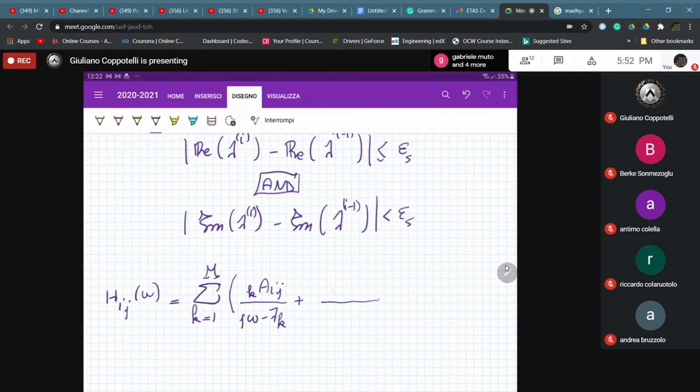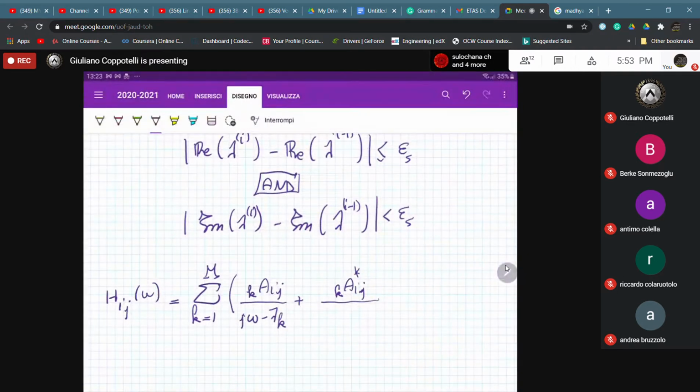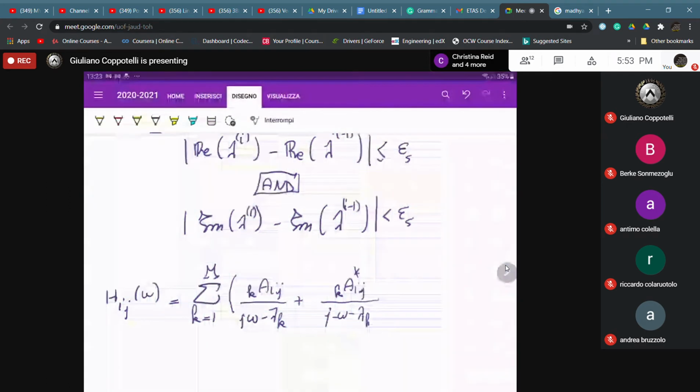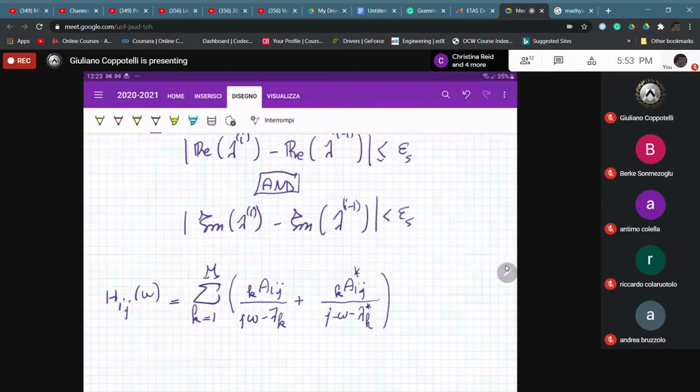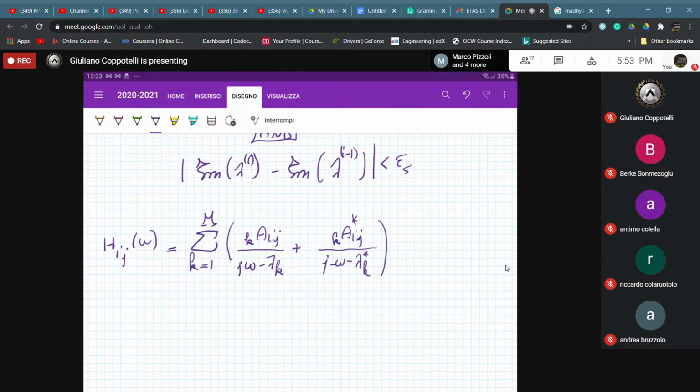So A_ij complex conjugate referring to the same kth mode, and then j omega negative lambda k complex conjugate.